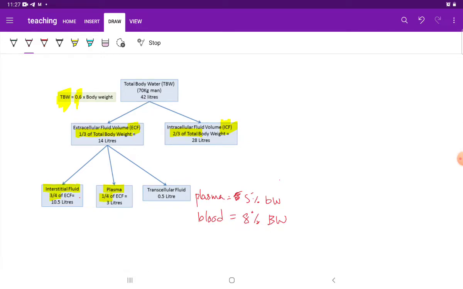Then how do we measure the fluids in these compartments?